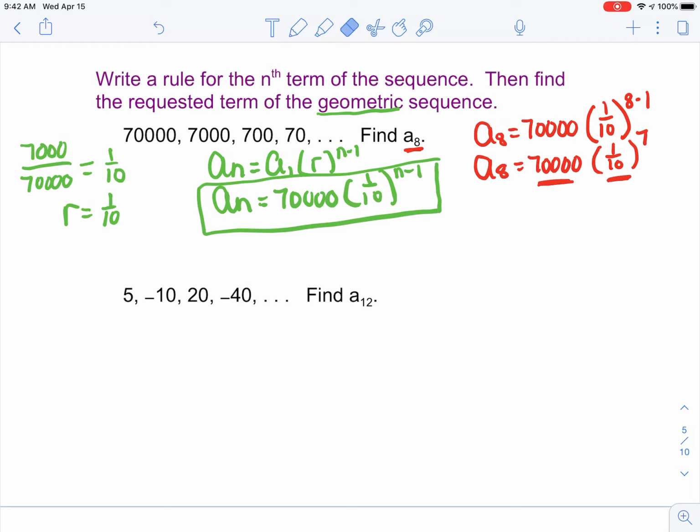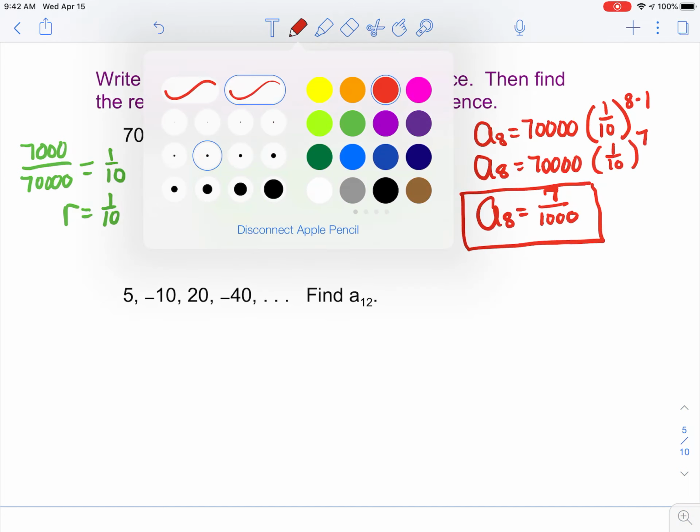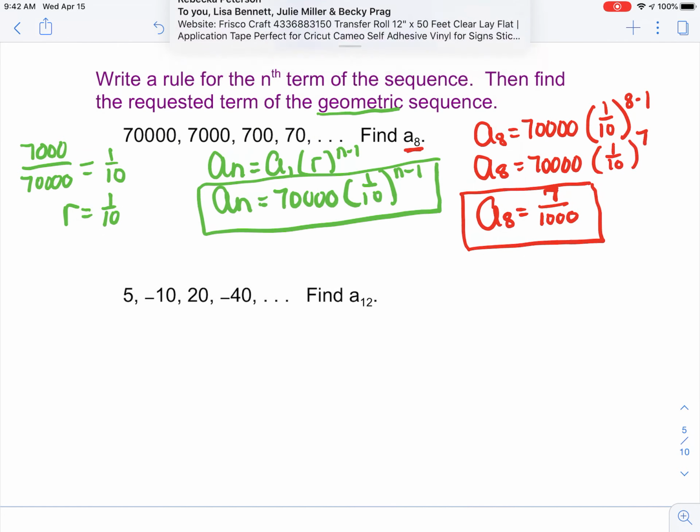Can I multiply these and then take it to the 7th power? No. The only thing that you can take to the 7th power is that 1/10. So when you put this in your calculator, you should get 7 over 1,000. Okay, if it's a decimal, remember you do have a key to change it to be a fraction.